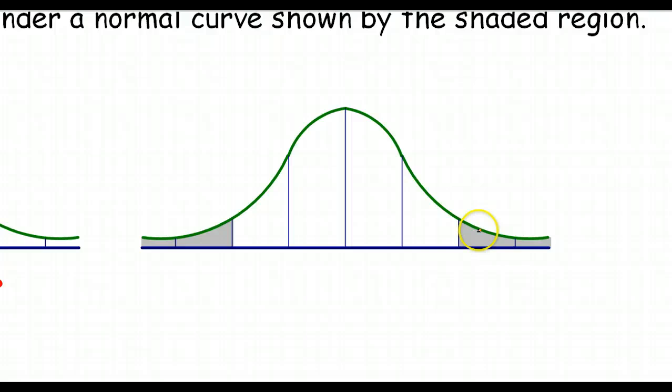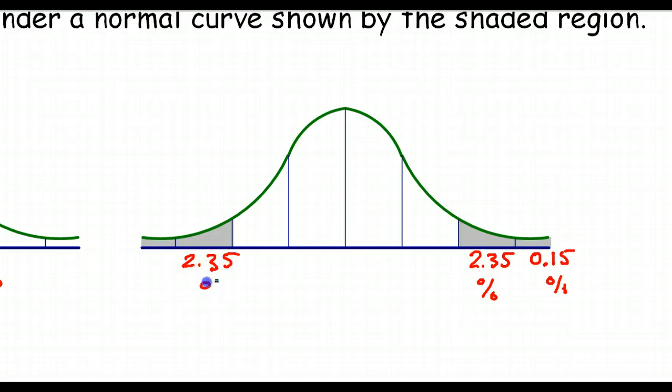Okay, well, this region right here is 2.35% of the data, and this region at the end is 0.15% of the data. Of course, it'll be the same thing over here, 2.35% and 0.15%.